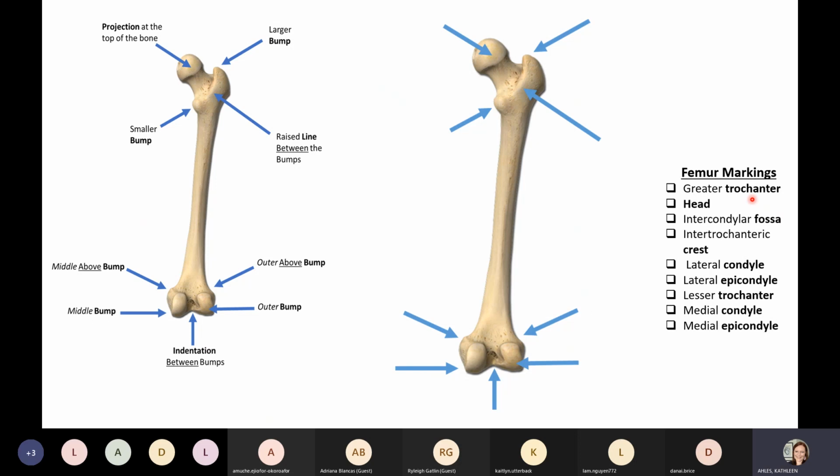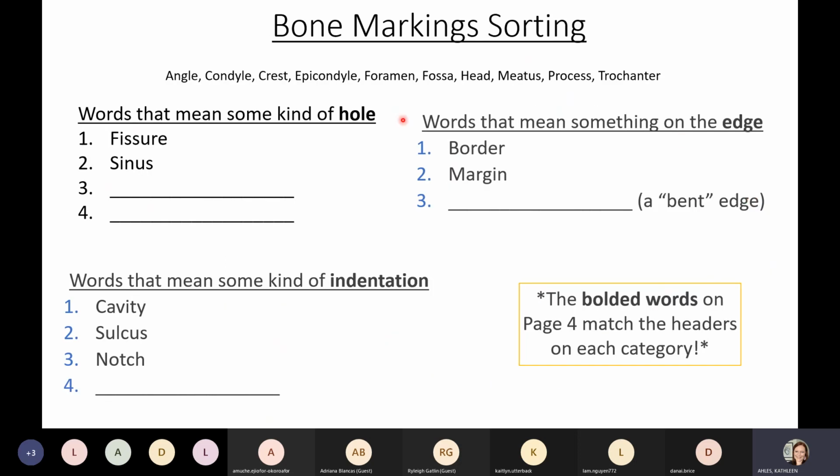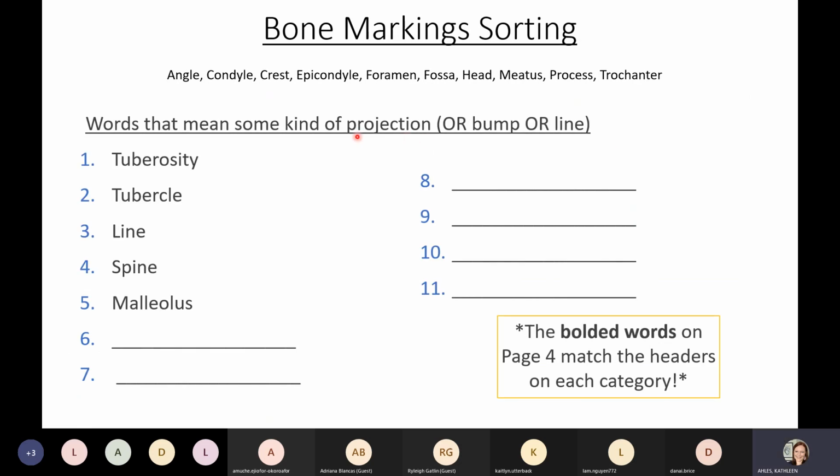The goal of this activity is for you to learn, are these bone markings an example of a hole? Are they an example of an indentation? Are they something that's on the edge of a bone? Or there's a whole bunch of them that they mean something that sticks out, some kind of projection.